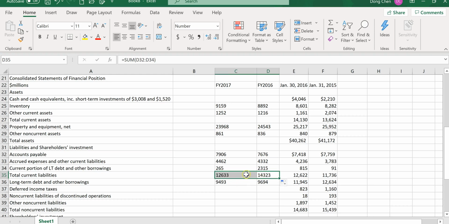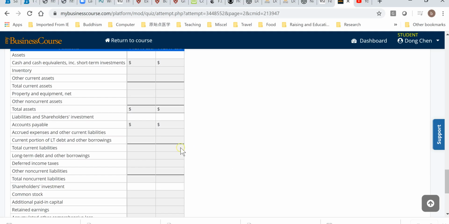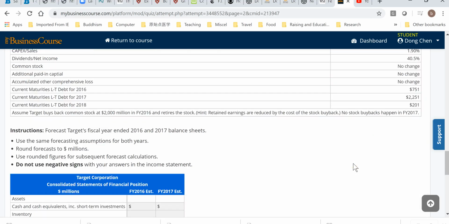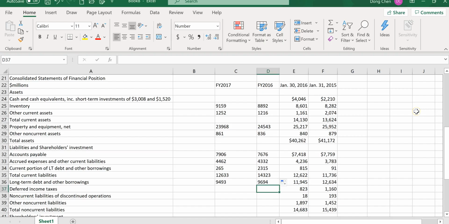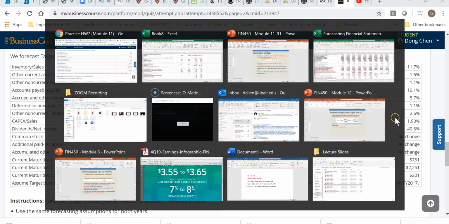And then pull the sale to the other year. And deferred income taxes, again, we can see what the assumption is there. Deferred income taxes divided by sales is going to be 1.1%.